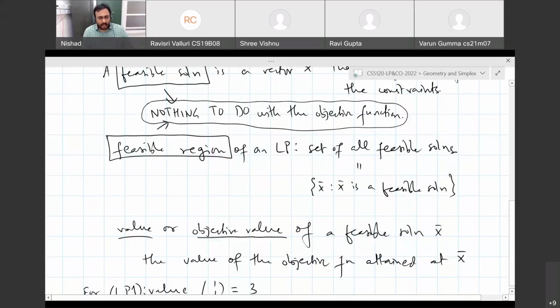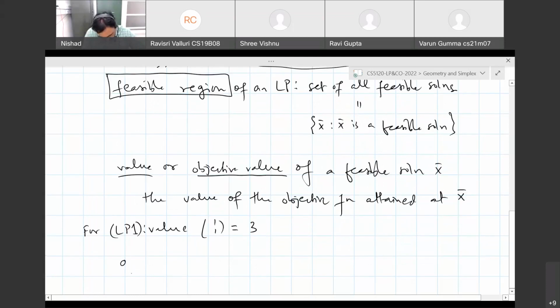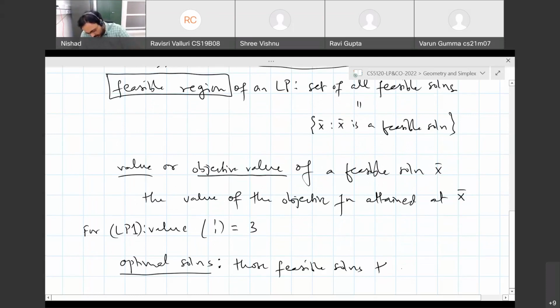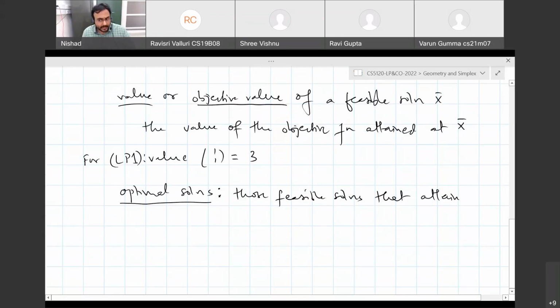Okay. And the optimal solutions are precisely those feasible solutions that attain the maximum value for a maximization problem or the minimum value for a minimization problem.